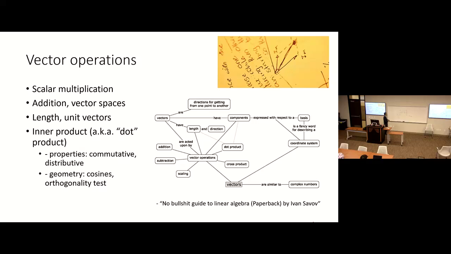Okay, so if I have this vector A, or maybe another, B, what can we do? We can do scalar multiplication, addition, and measure the length of a unit vector, to compute how long this is.